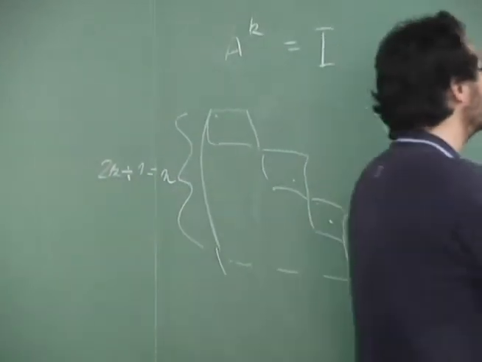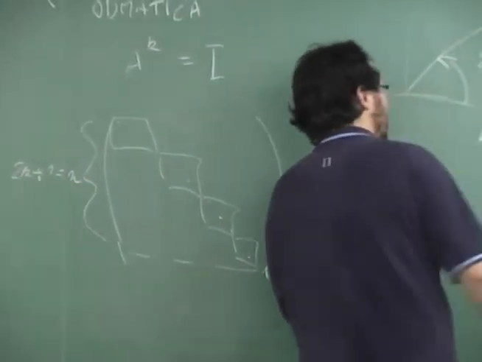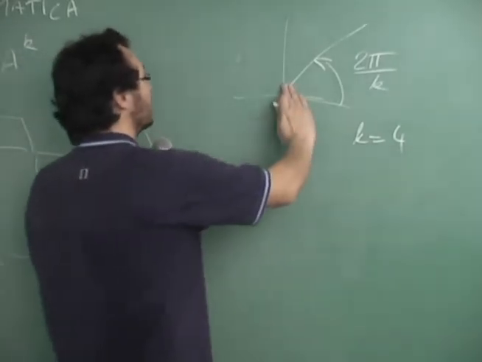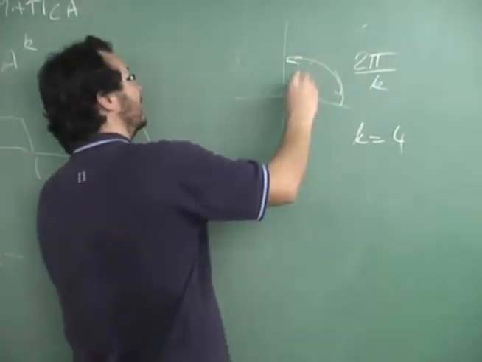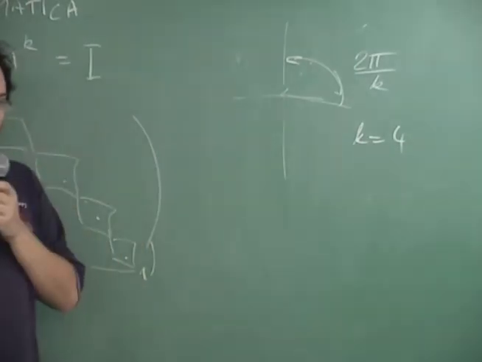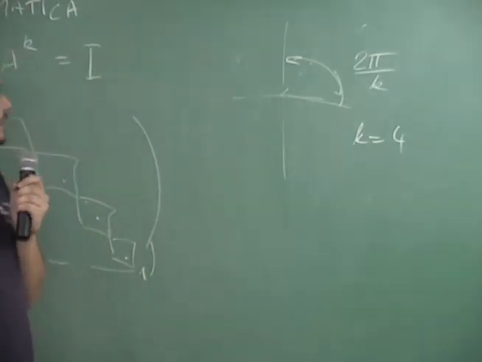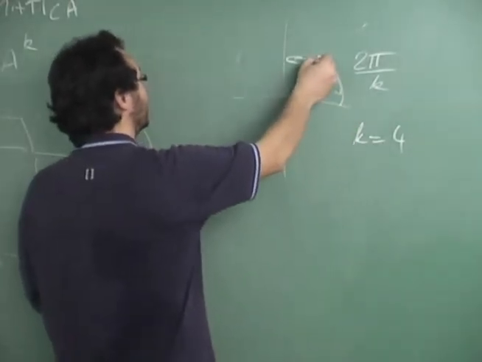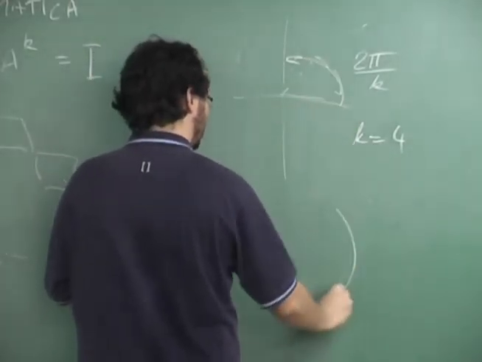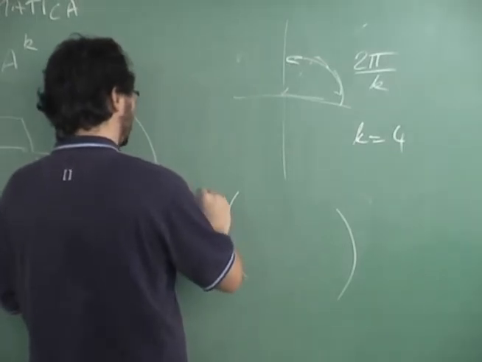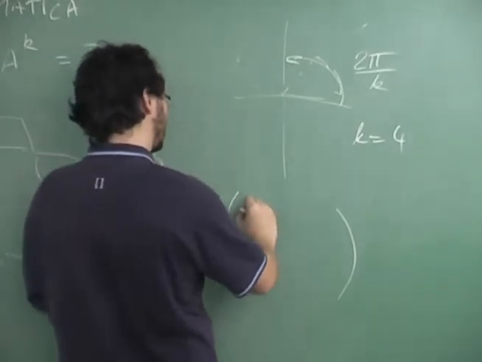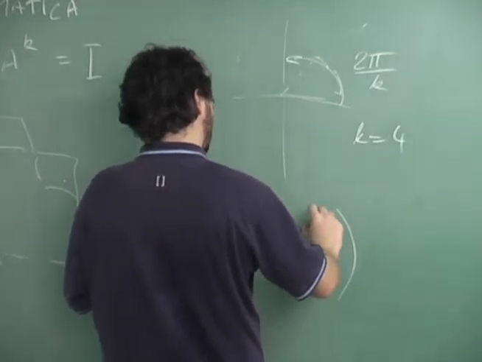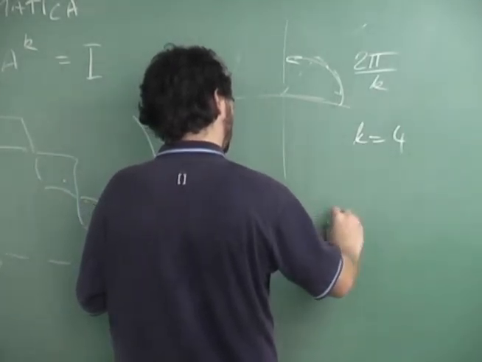And the other problem was k equal to 4. Because what happens when k is equal to 4, we are rotating by exactly 90 degrees, pi half radians. And in this case, the usual rotation matrix looks like this. The vector 1, 0 gets rotated to cosine of phi and sine of phi.